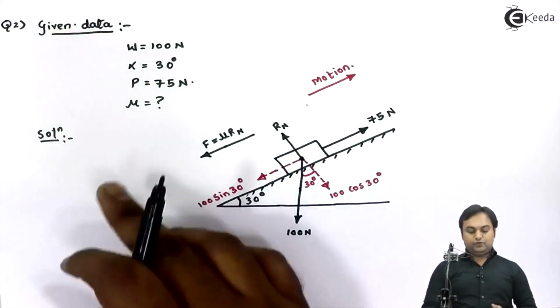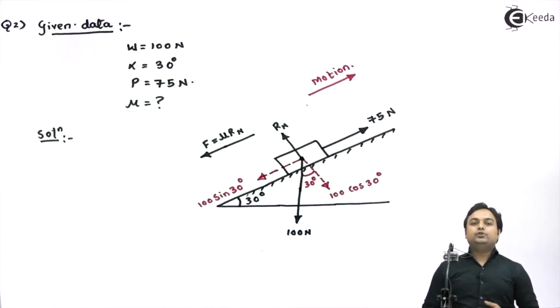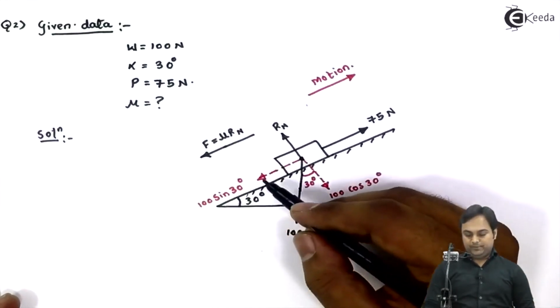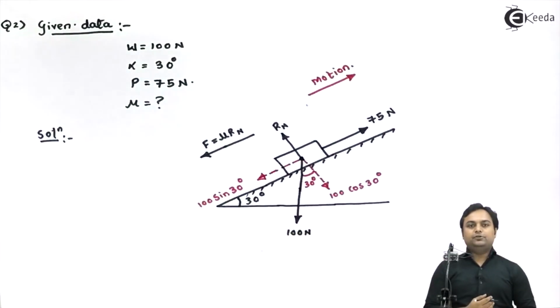In order to find the coefficient of friction, we need to resolve these forces. We need to find out that how many forces are parallel to the plane, how many are perpendicular to the plane. Then we would be adding up the forces which are parallel to the plane, equating them to 0, and similarly we would be finding summation of Fy, equating it to 0 and see what we get.